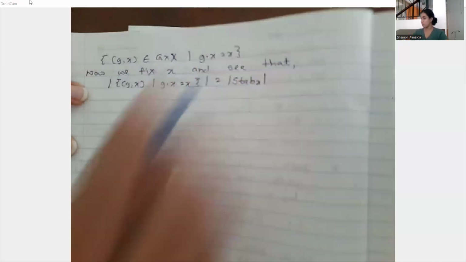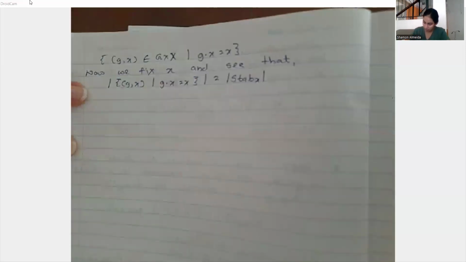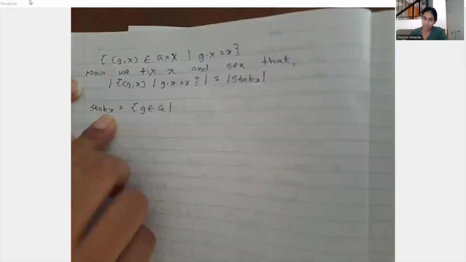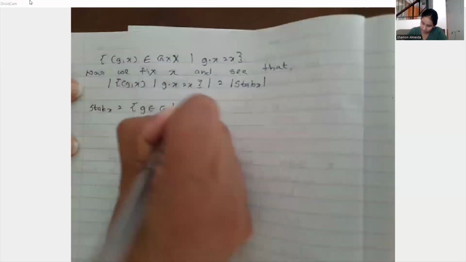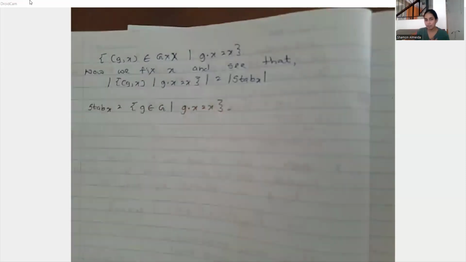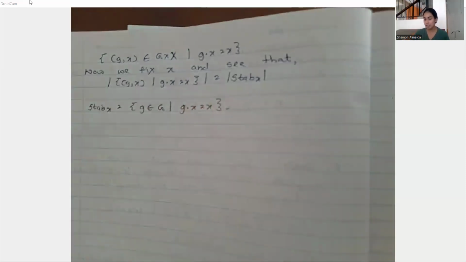If you recall, I'll just write it over here. Stab x gives all elements in G that fix this particular element x. That is g·x is equal to x.